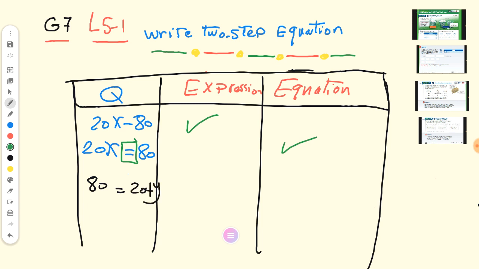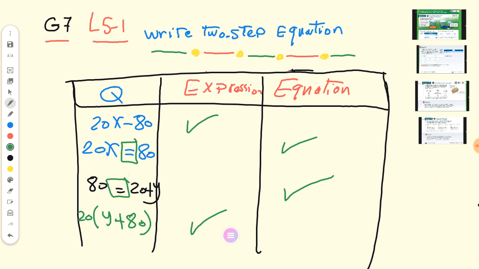Yes, it's an equation because it has two sides, one on the left and one on the right, and the equal sign. Next, 20 multiplied by y plus 80. Expression or equation? Sure, it's an expression. It doesn't have an equal sign. This is the difference between expression and equation.